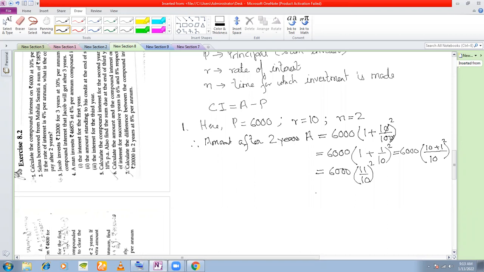square. Okay. And this is the same as 11 by 10 square is the same as 11 by 10 into 11 by 10, right? So this cancels. So you get 11 into 60 into 60. So you get 60 into 11 into 11.